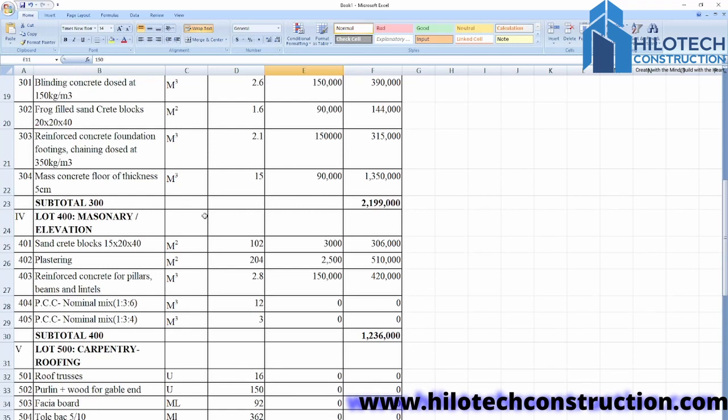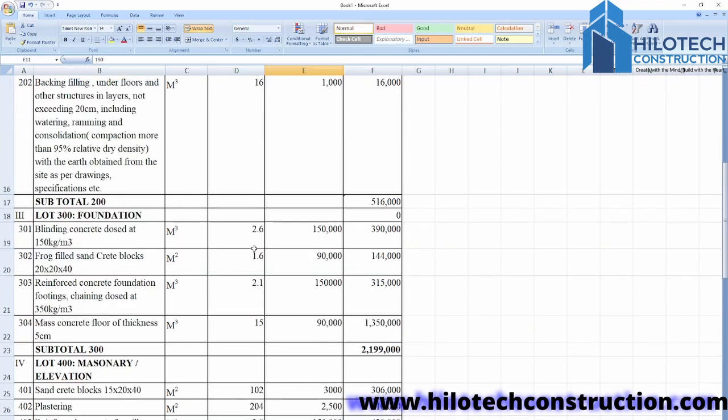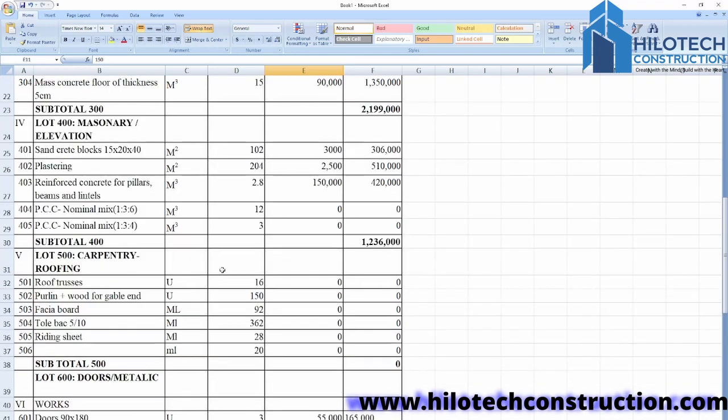Excuse me. So now let's go down to, say, the foundation works. Now this is the reinforced. Now let's look at the masonry works here. Look at this. This is where, like I said, a contractor makes a lot of money, or a technician, or whoever is handling the project. Now if I was to come here and put my unit price at, say, 150,000, which is the normal price.